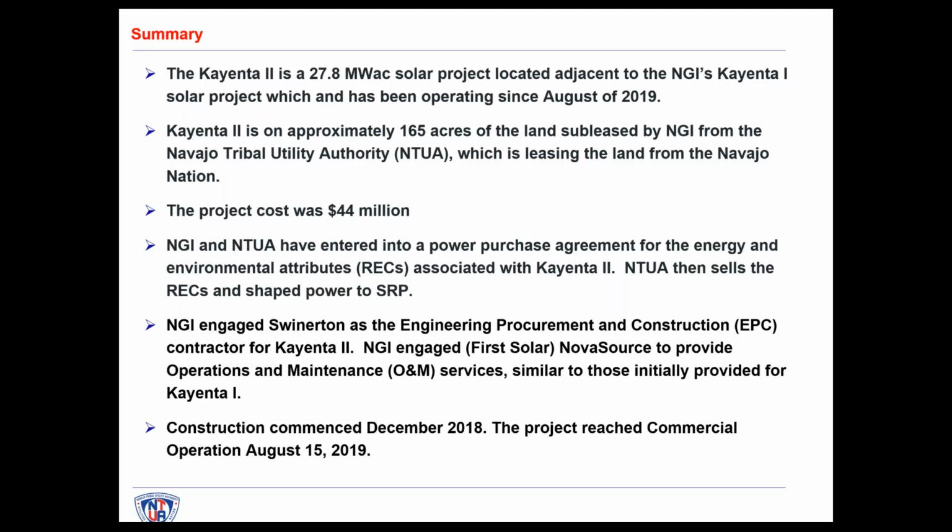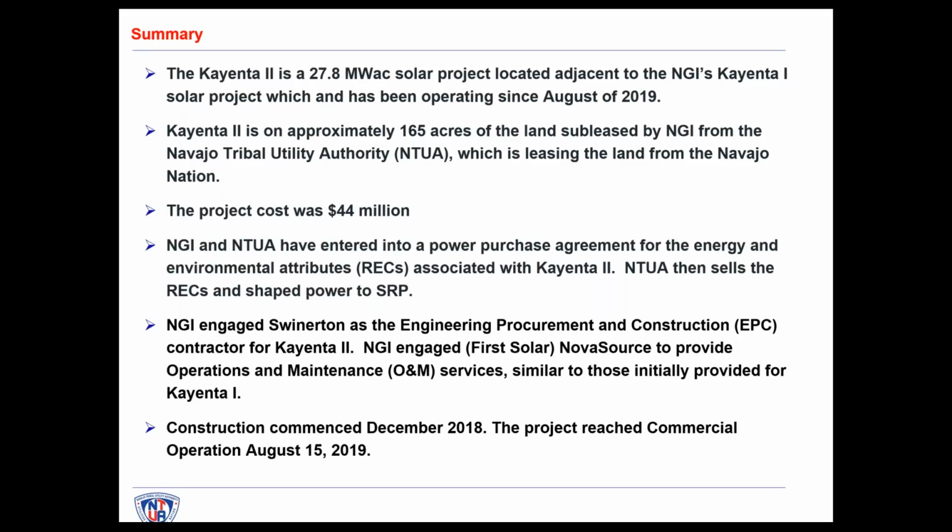NGI and NTUA have entered into a power purchase agreement for the energy and environmental attributes, RECs, again with shaped power going to SRP. So the agreements that we have for offtake are with Salt River Project, SRP, for both Kayenta 1 and Kayenta 2. They both are similar in format.